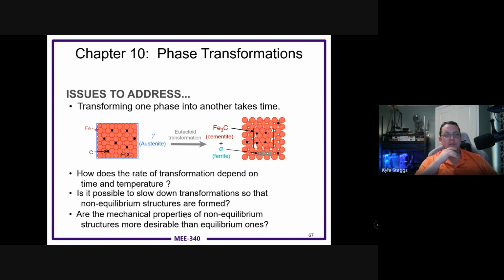Good. Yeah, that's what we're looking for. Oftentimes non-equilibrium structures are more desirable, but it very much depends on what the application is, right? Do you want something that's going to be a hard cutting edge and cut into concrete? Or do you want something that's going to flex and bend like a bridge truss for years and years?